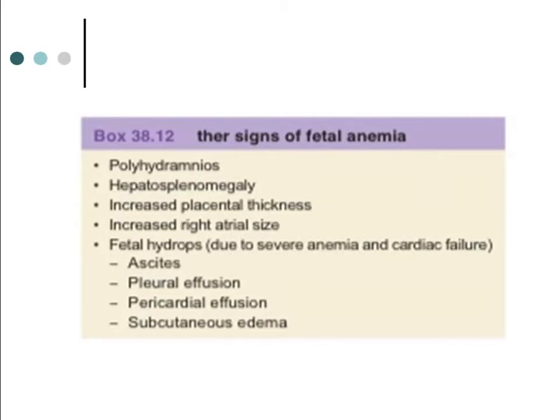As I said, the amniotic fluid inside the uterus is increased. You will find the liver and the spleen of the fetus enlarged. The placenta is thick. And because the heart is working extra, you will find the atrium of the heart is enlarged.